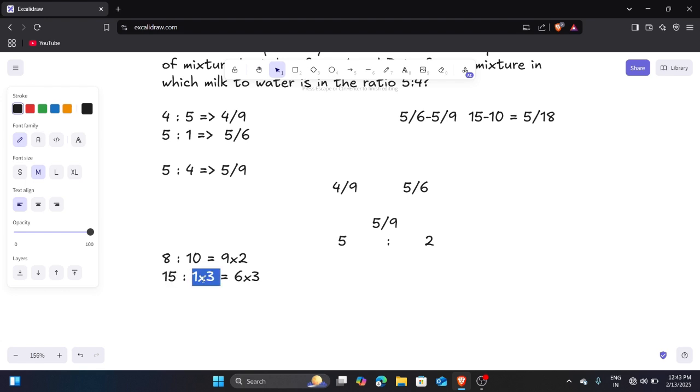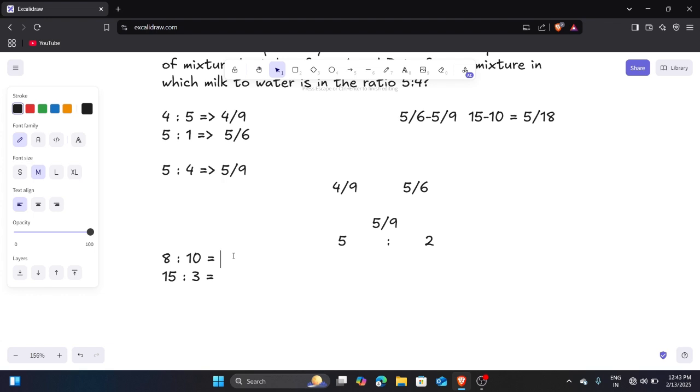The same thing here, that is 15, and here it is 3. Now they are the same. Now the quantities are equal, so I have removed this. Now we have to mix in a 5:2 ratio so that we can get the ratio of the mixture.